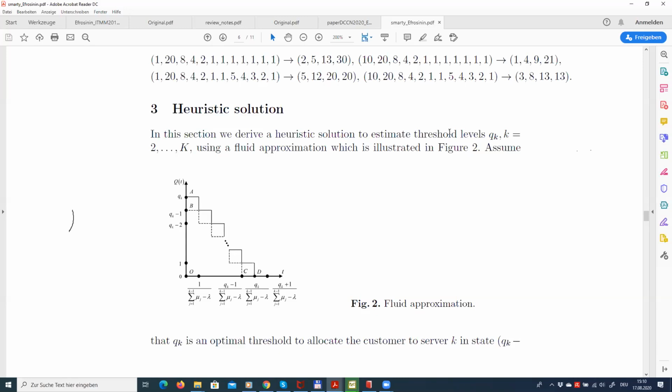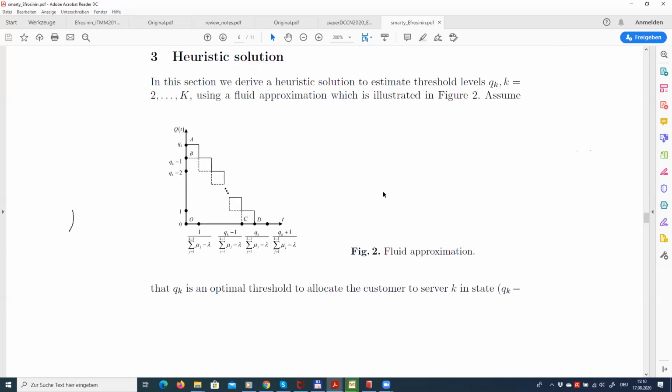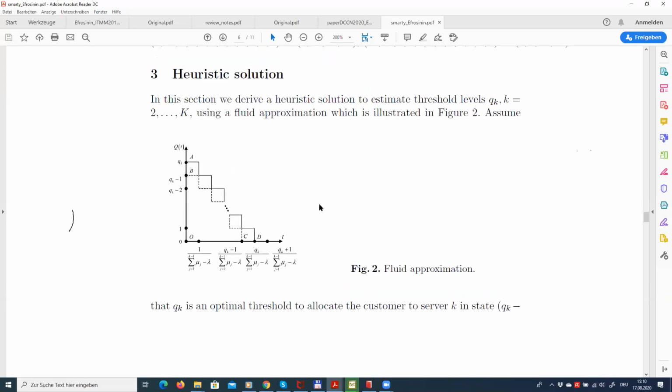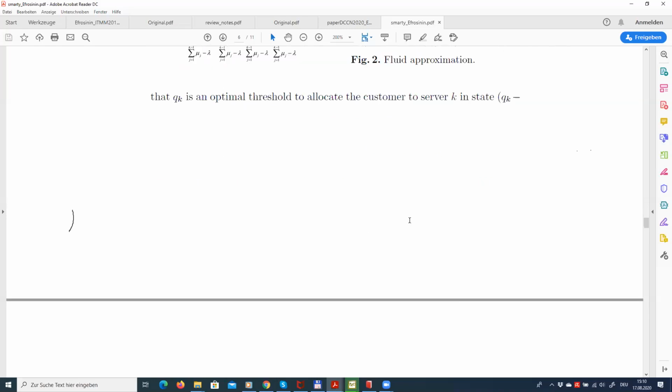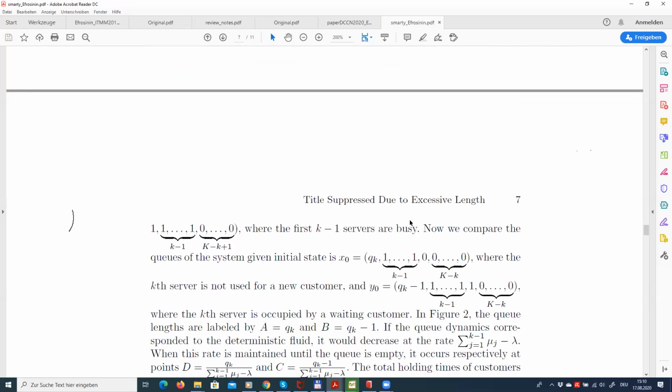It's not the same as classical fluid queues, because here we are interested in the number of customers up to a certain time. Yes, and this fluid approximation I can explain in the following way.